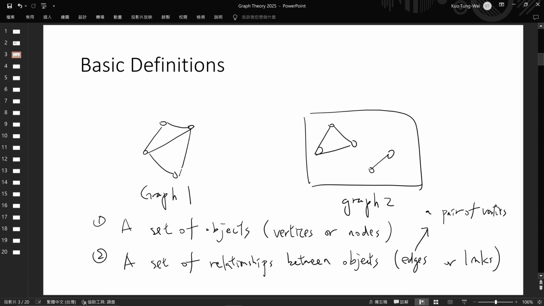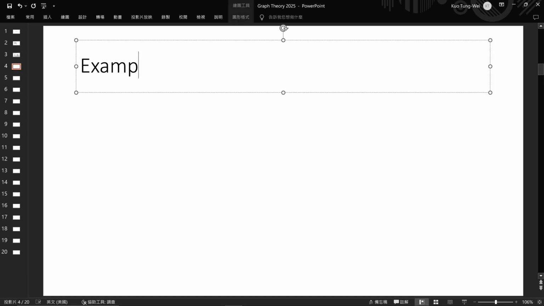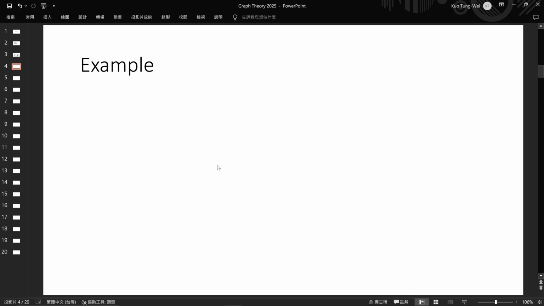Okay. So let me give you another example. Okay, so this is one graph, okay? So we have to first define the vertex set, okay? That is the set of objects.